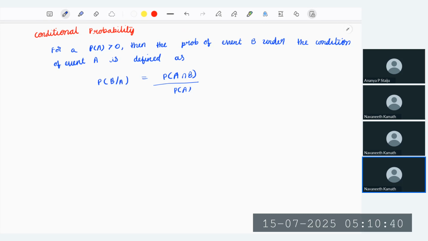So, for example, two fair dice are rolled once.